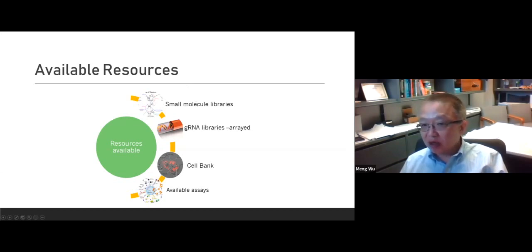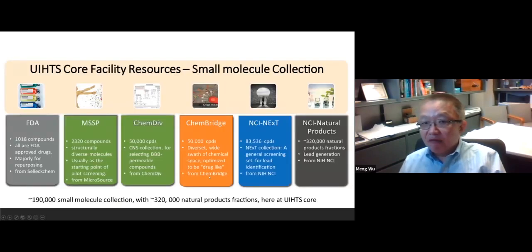We have small molecules, guide RNA, a cell bank, and available assays. I will quickly go through them. For the small molecule collection, we currently have around 190,000 small molecules locally. We also have NCI, National Cancer Institute, natural product fractions here as well, around 320,000 different fractions.